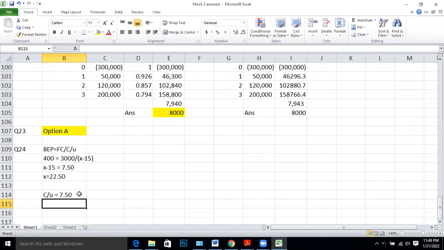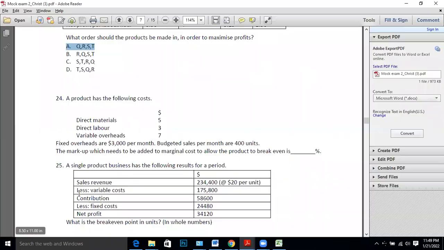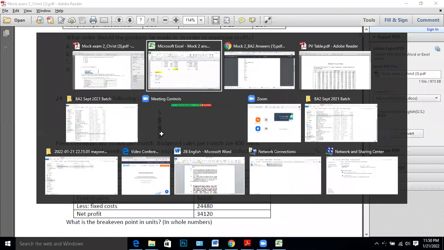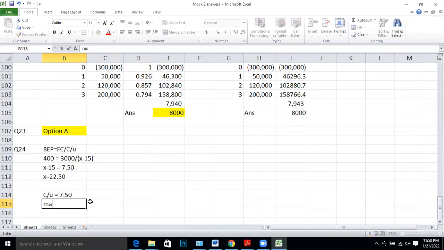Selling price is 22.5. They ask profit markup. Markup that needs to be added to marginal cost. Marginal cost means these three only, right? Material, labor, with all the variable cost is what you call marginal cost. What's the meaning of marginal cost? Incremental cost of making a product. So here incremental cost is 15, but you have to sell it at 22.5. So what's the markup you are adding?